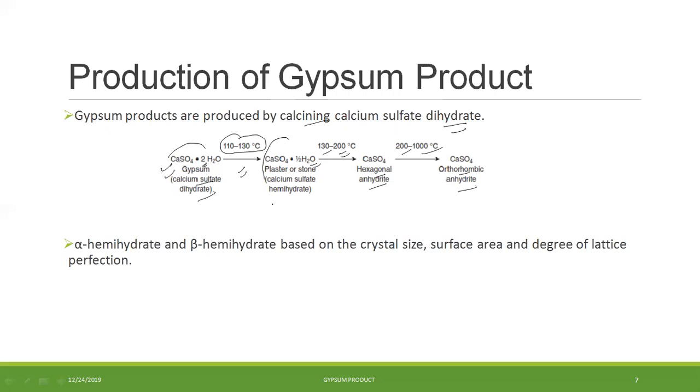You have to remember this. This is very important, right? Alpha and beta hemihydrate differ based on crystal size, surface area, and degree of lattice perfection. So depending on the method of calcination, there are two forms, alpha hemihydrate and beta hemihydrate, right?